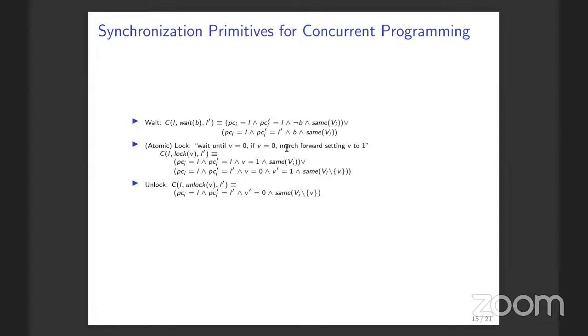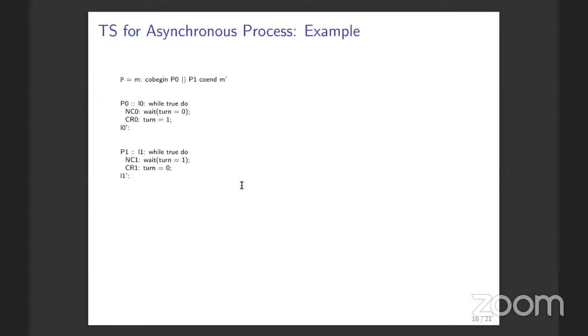If V is equal to 0, then it marches ahead. Similarly, unlock lets you constrain advancement relative to a particular variable being 0 or non-zero.